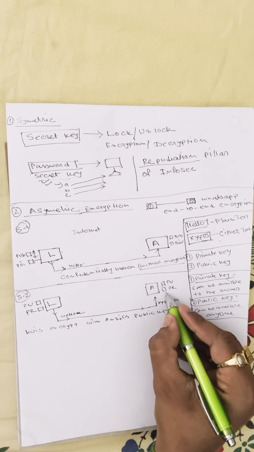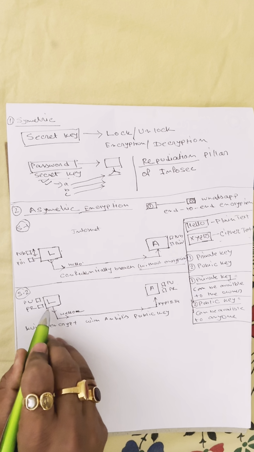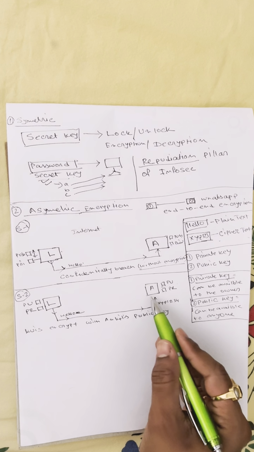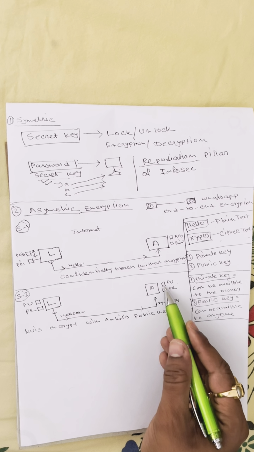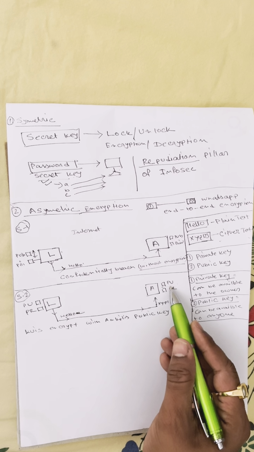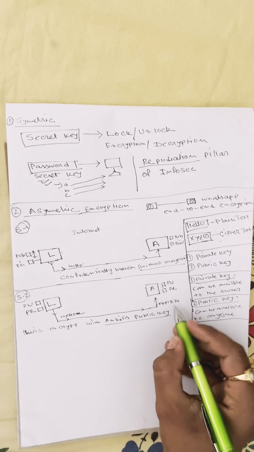Because the private key is available only with Ankit, and it is not possible for Louis to get the private key of Ankit, and the public key is available throughout the world, and anyone can get the public key. So Louis will encrypt this message with Ankit's public key. Now send this message to Ankit.